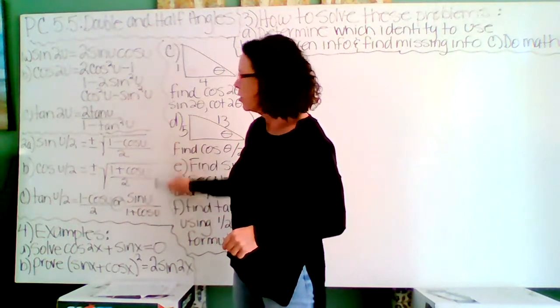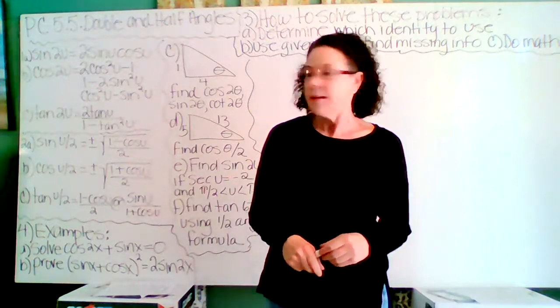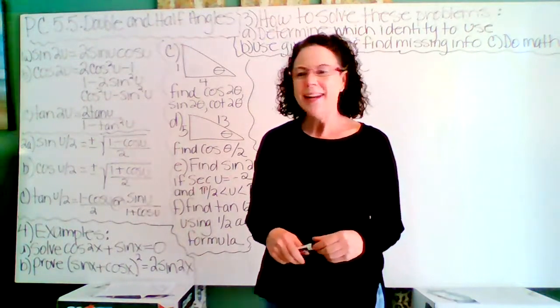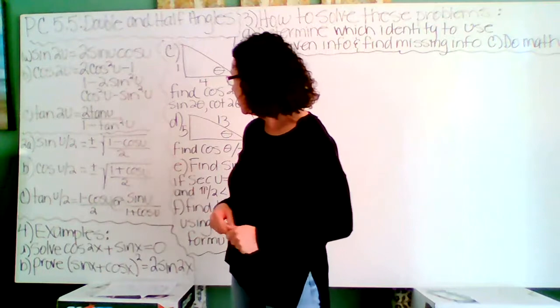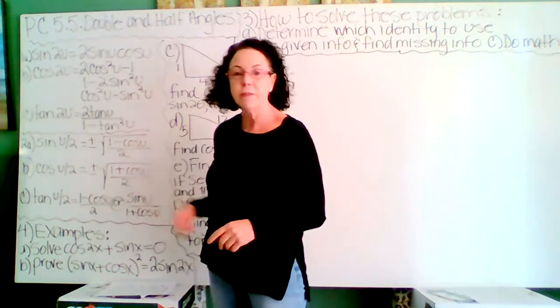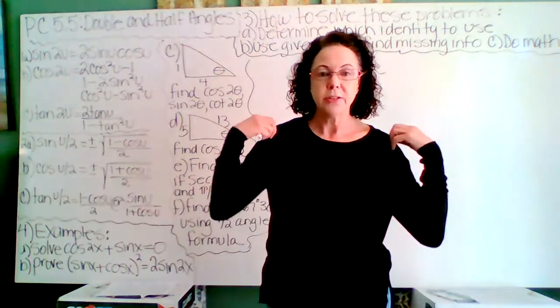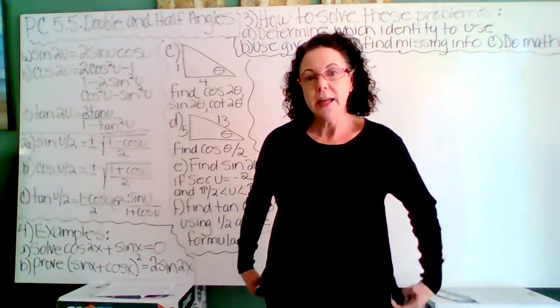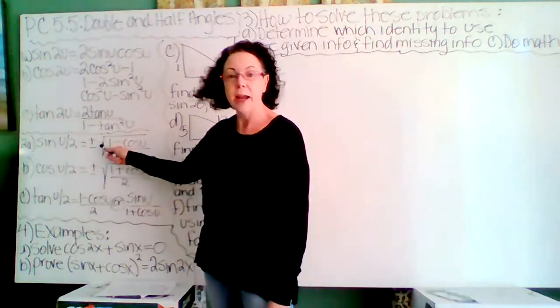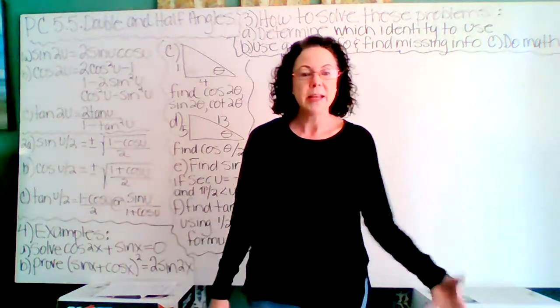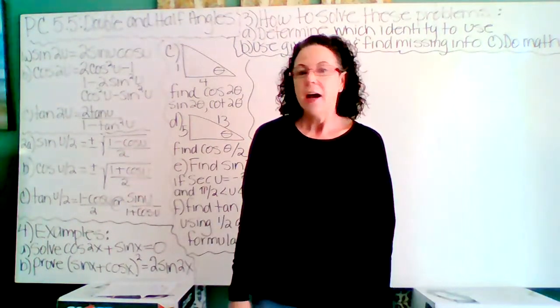And then these are our half angle formulas, right? Notice that sine and cosine have a plus or minus in front. It does not mean that when you have your final answer, you have a plus or minus in front. It means that you have to choose one or the other based on your location.